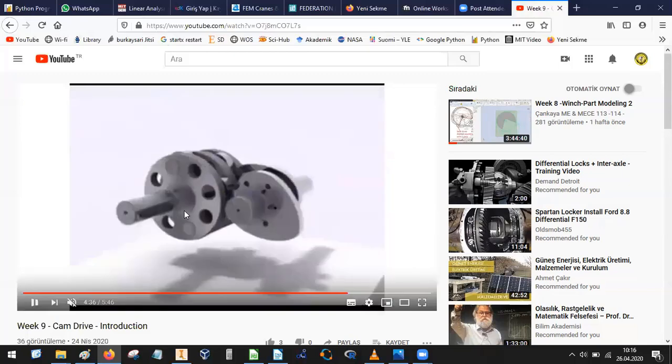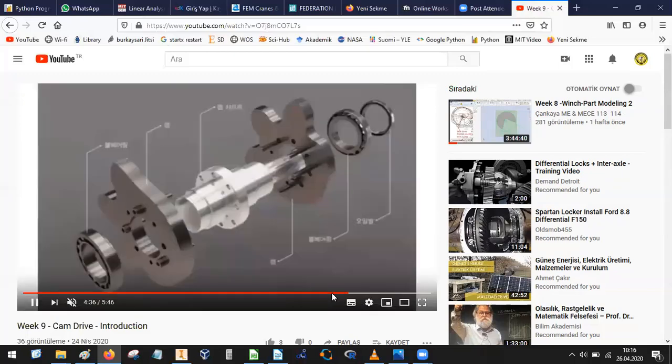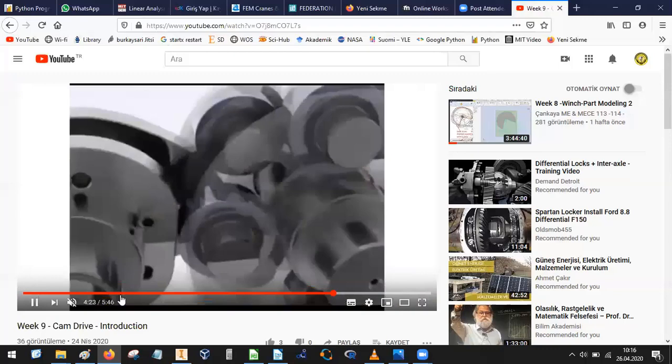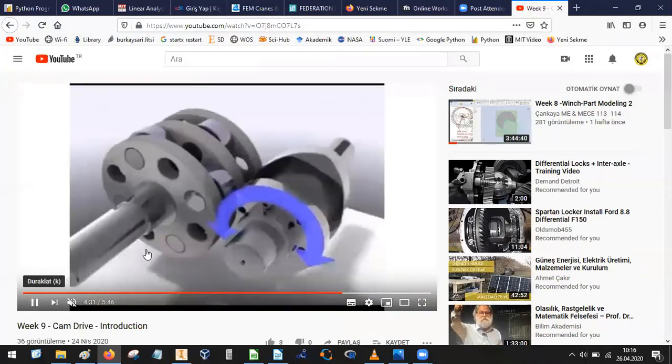If you do not lose contact in a mechanism, then you can change your direction according to your needs.